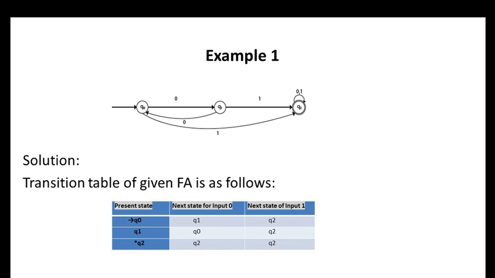The transition from Q1 on 1 is Q2. Next, the transition from Q2 on 0 is itself, Q2. The transition from Q2 on 1 is also Q2. So this is how we write the transition table for a given automaton.